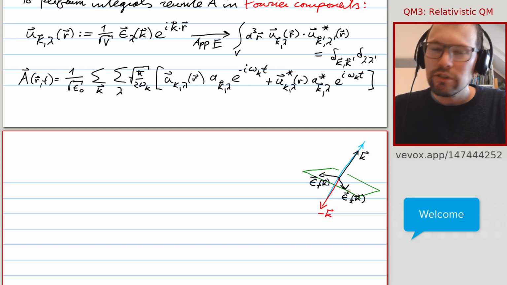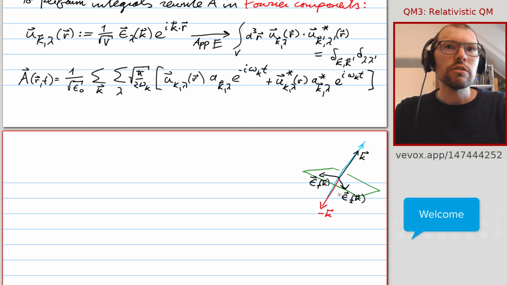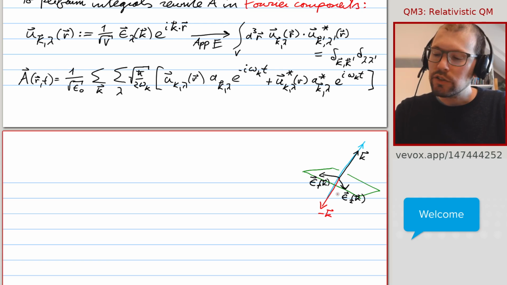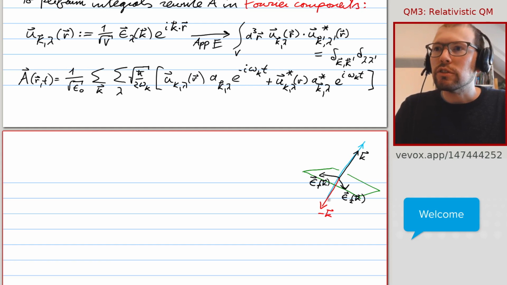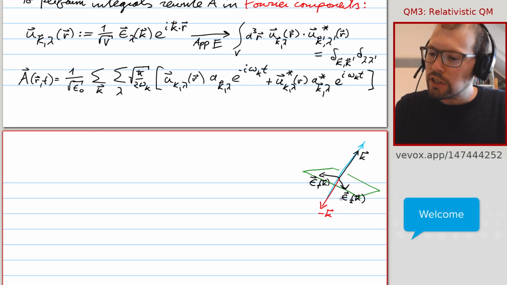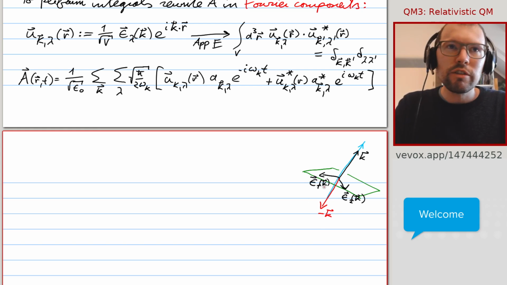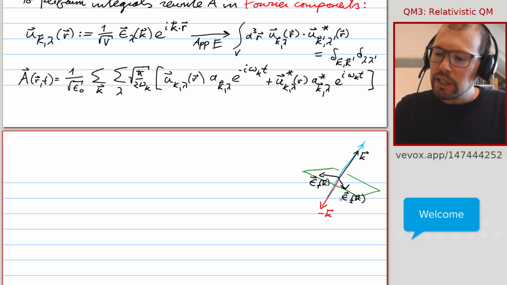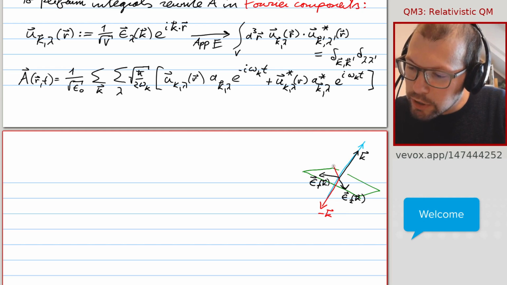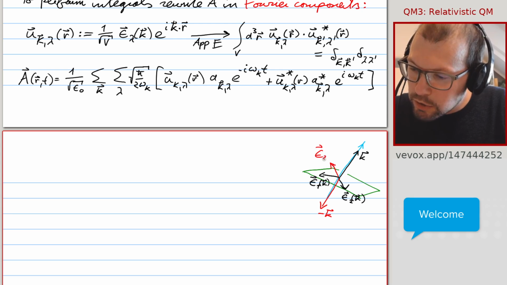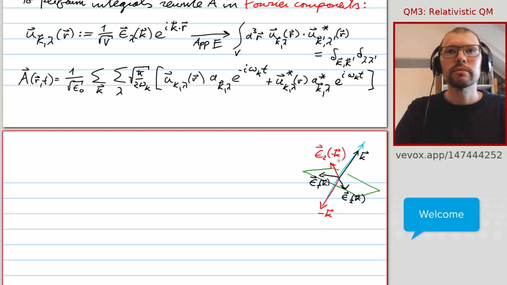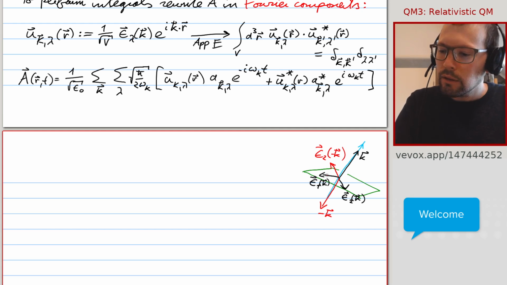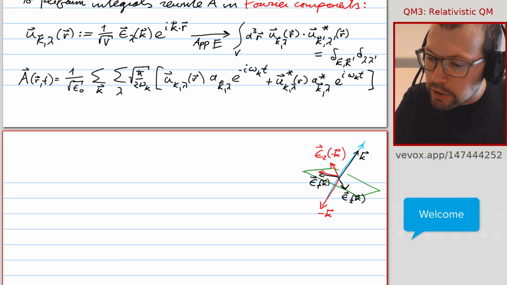So that means that we have to change at least one of these vectors when we're changing the direction of k. And we can just choose a convention. So the simplest convention is to take epsilon 1 of k to be the same, but we take epsilon 2 of k to then point in the opposite direction. So this would be epsilon 2 of minus k. Well, the first one is still pointing in the same direction.